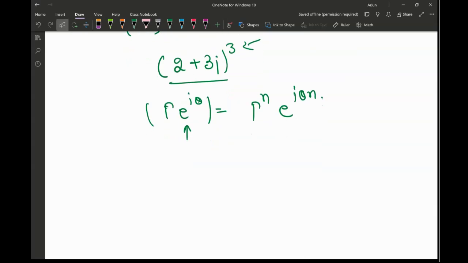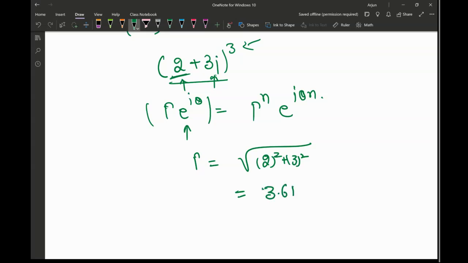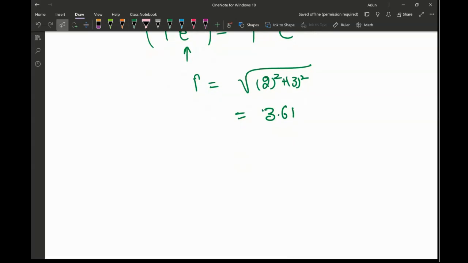The answer is you will first find the r value, which is equal to the square root of 2 squared plus 3 squared, using the coefficients of the rectangular coordinates, meaning the x coordinate and the y coordinate. That is 2 and 3 in this case. The final answer for r is 3.61. Now we want to find the angle.